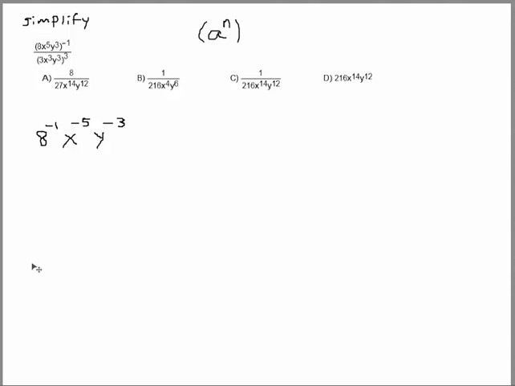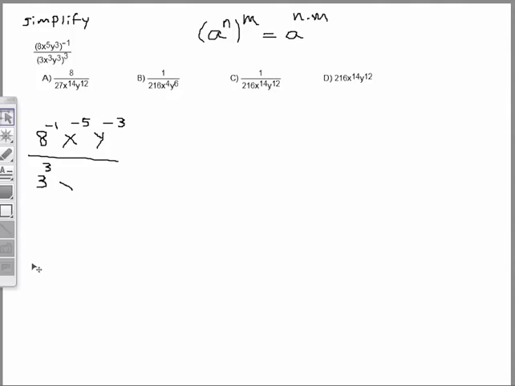Again, you're using this property here. You keep the base and you multiply the exponents. If I do the same thing with the terms at the bottom of the fraction, I get 3 to the power of 3, x to the power of 3 times 3 would be 9, y to the power of 3 times 3 would be 9.